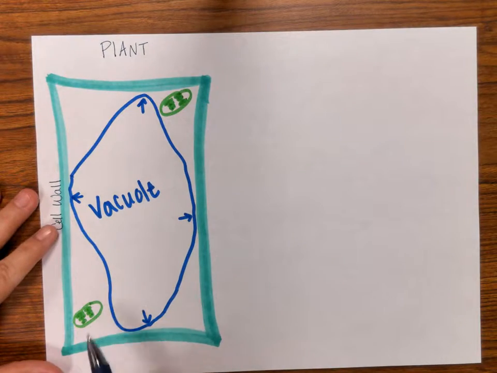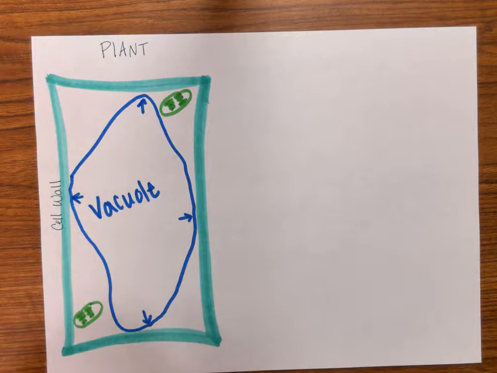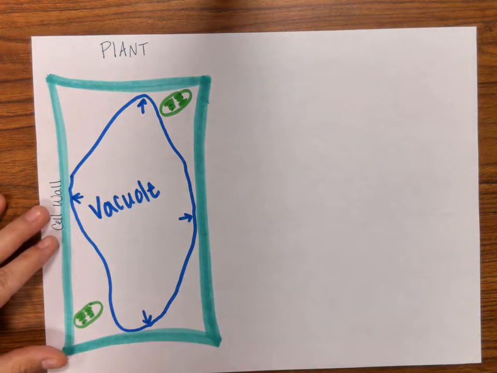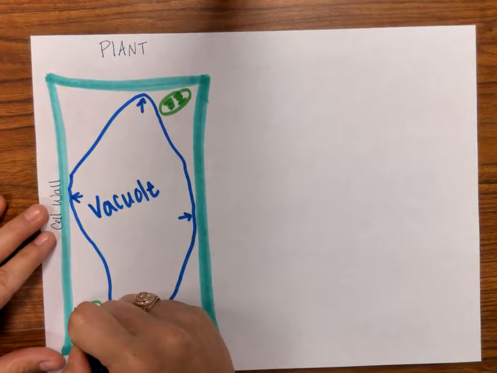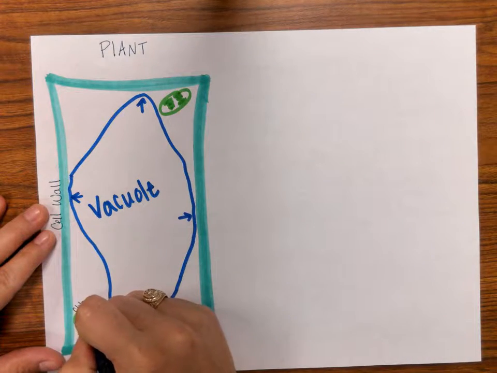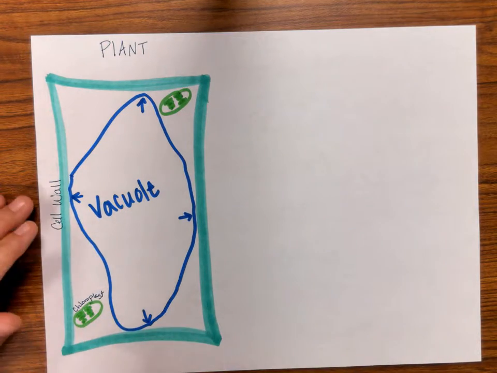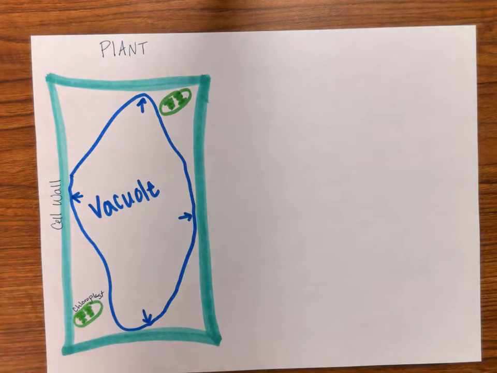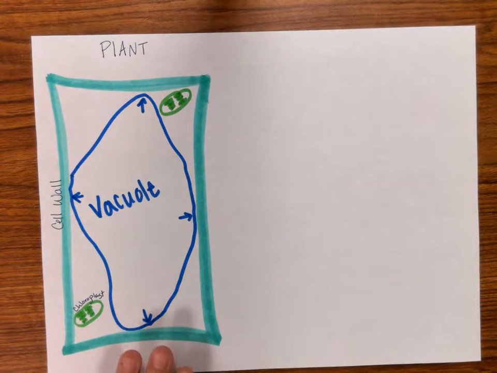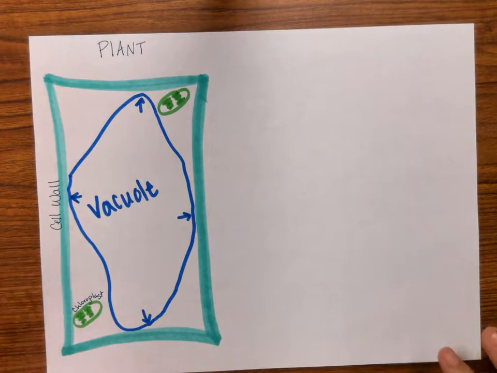They make sugar for the plant, so that means sugar is made by the cell. So again, this is called a chloroplast, and it makes food for the cell. So that's your big thing that plant cells have.